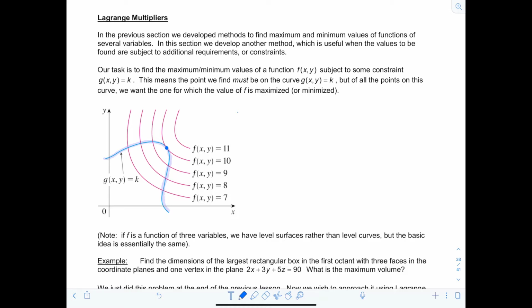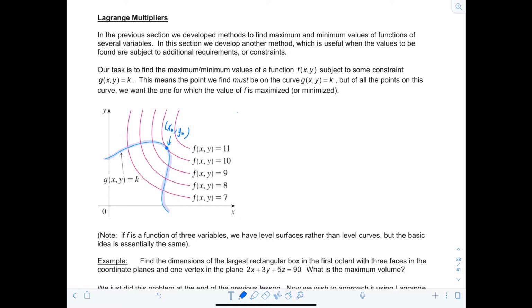And if they have a common tangent line, that means that the normal lines at this point, let's call it x naught, y naught, those normal lines are going to be identical. Well, what does that mean? The gradient vectors, therefore, are going to be parallel. And if you need a little refresher on gradient vectors, then check out video lecture number 16. So what does that tell us?